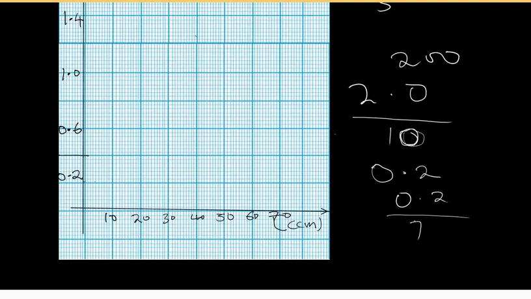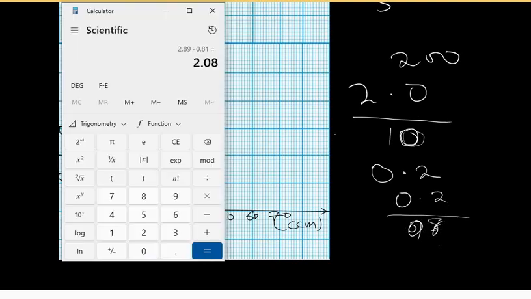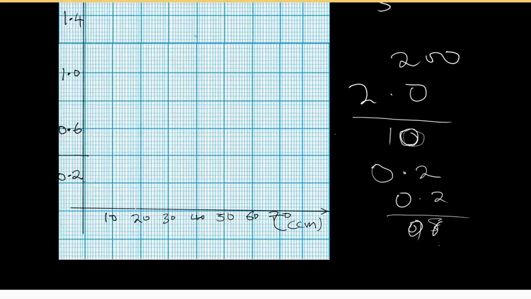Let's approximate it to 8, so that I don't have a recurring decimal. So 0.2 divided by 8 gives 0.025. So each tiny line is 0.025.